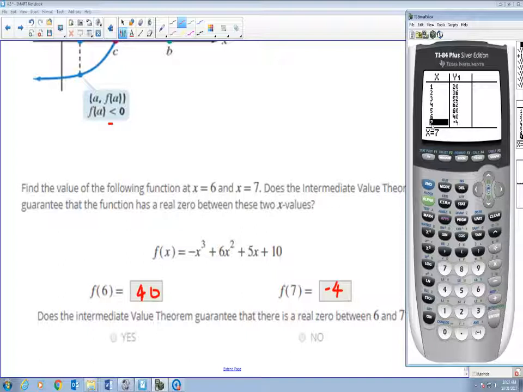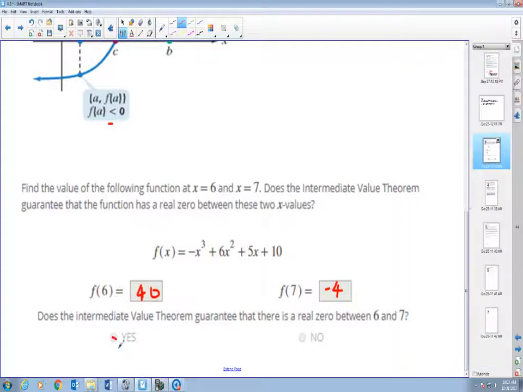So it crosses over the x-axis somewhere between 6 and 7. The intermediate value theorem guarantees there is a real zero in between. We can use the intermediate value theorem as a guide regarding where the zero can be. We can narrow down to between these two x values. You will see what I mean in a different lecture series when we begin to actually find the zeros.